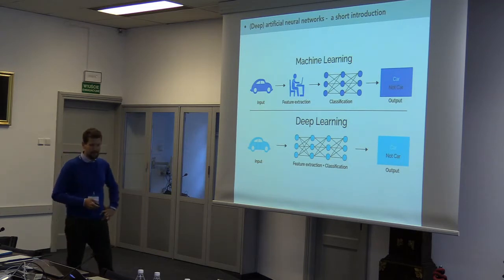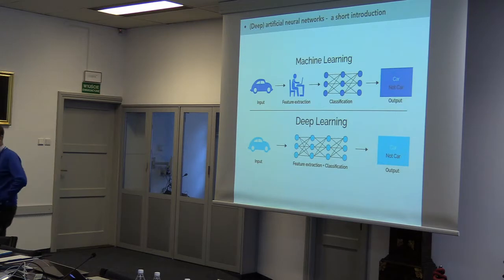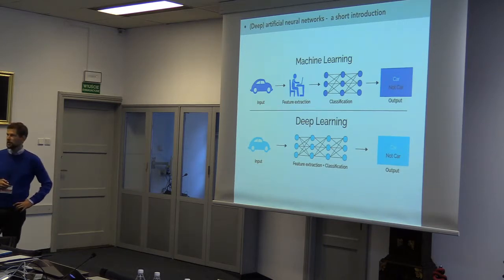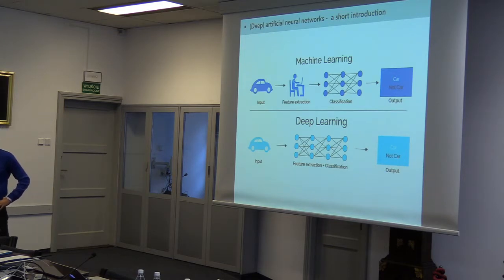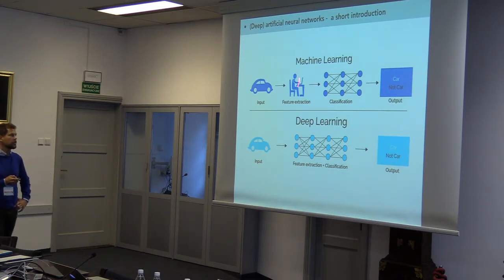So why is deep learning so powerful and why does it work so well? Traditionally in machine learning, your data scientist would take the input data and perform expert knowledge-based manual feature extractions, and those features would then be put into a machine learning algorithm, which would, for example, answer the question whether on a picture there is a car or there is no car.